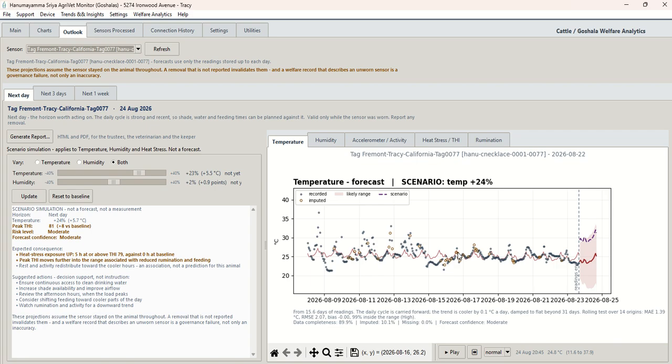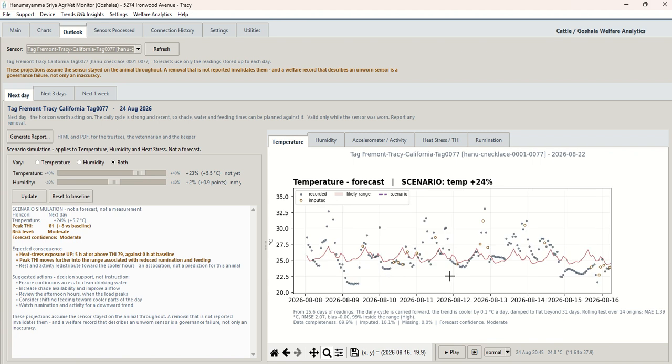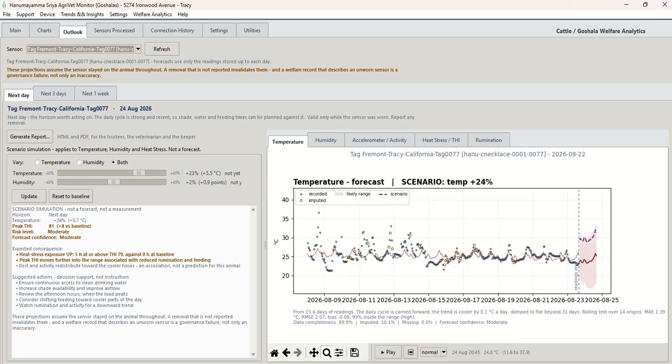It is carried forward. Across days, the trend is slightly cooling, about 0.1 degrees per day. But once the forecast horizon exceeds the data span, we damp the trend. Beyond twice the span, we hold it flat. That prevents invented numbers and keeps the forecast honest.